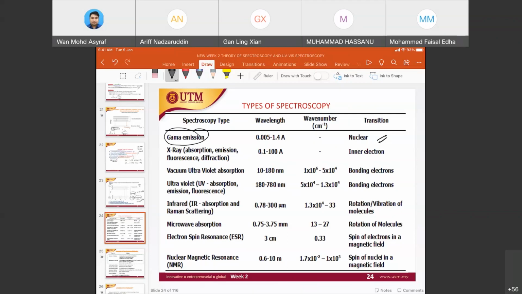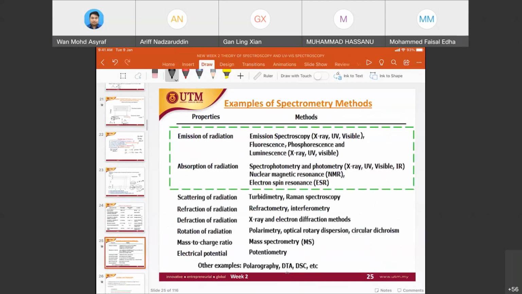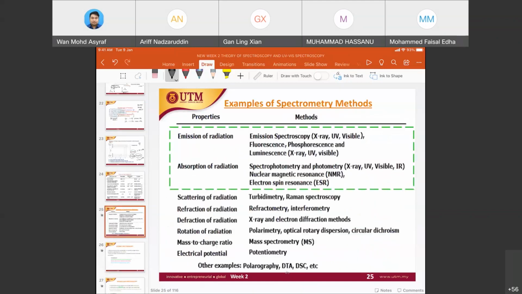For these subjects, we are more focusing on the electron transition and vibrational transition. So examples of spectroscopic methods, as I said, we have absorption, emission, and scattering.